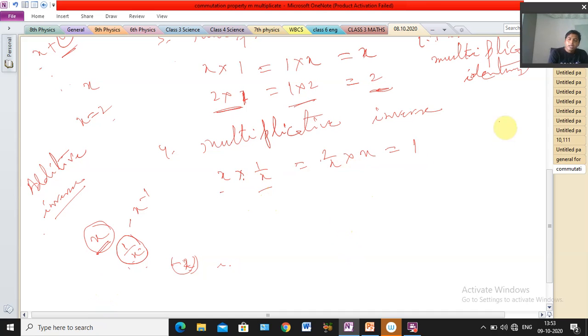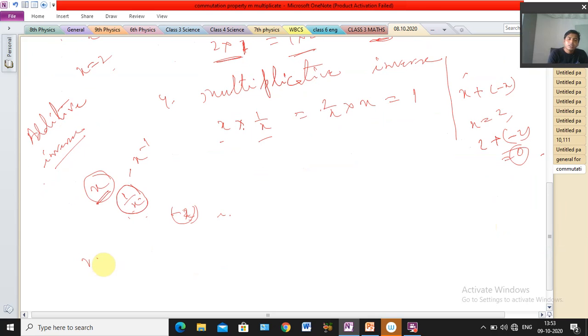Clear? And for addition it was x plus minus x. Suppose we take x equal to 2, so plus 2 minus 2 will be 0. But for multiplication, if we take x equal to 2, 1 by x will be 1 by 2.